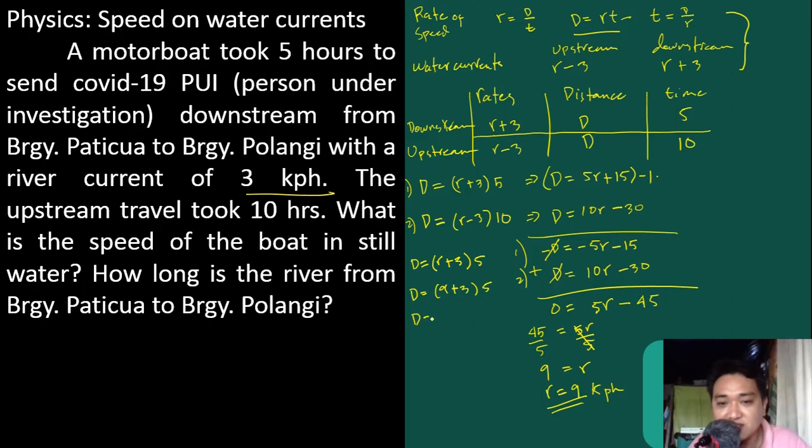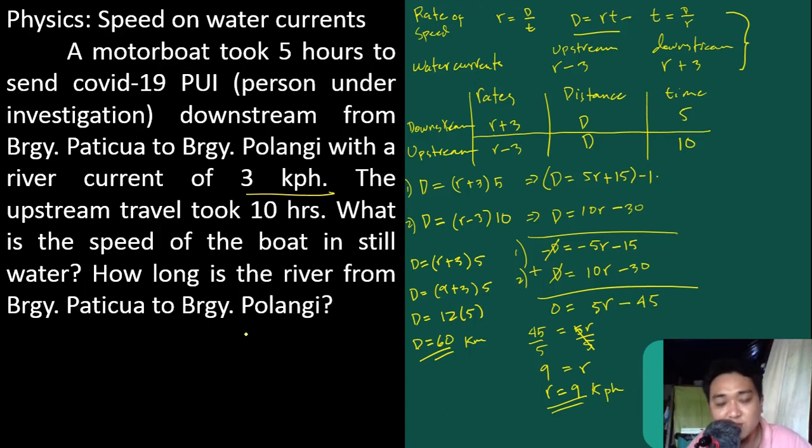And D is equivalent to 9 plus 3 is 12 times 5. So therefore D is equivalent to 12 times 5, which equals 60. There you go.